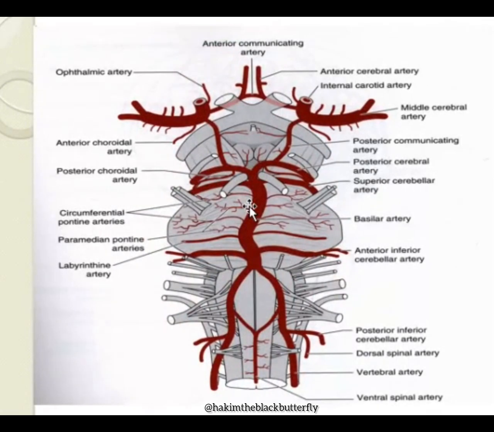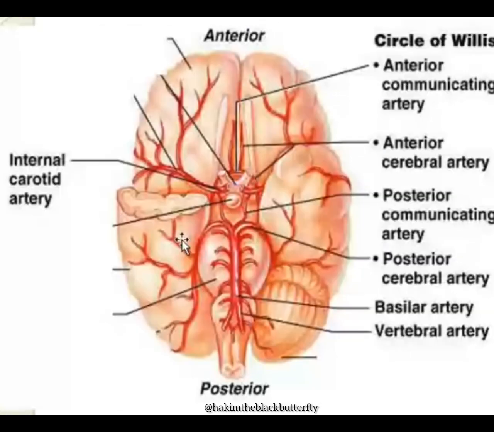So, what branches do they give off? We saw these 2 internal carotid arteries. Now we are looking at the inferior surface of the brain. This is the brainstem: midbrain, pons, and medulla oblongata.